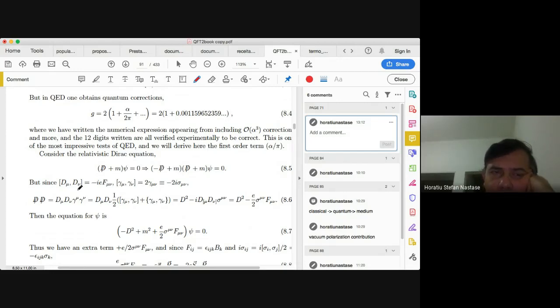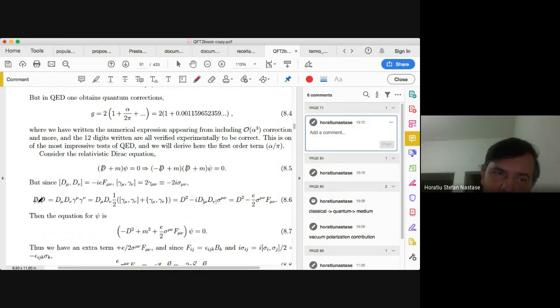And then, since, as you know, the commutator of two covariant derivatives D mu with D nu is minus i e times the field strength of the electromagnetic field, F mu nu, and the commutator of the gamma matrices, gamma mu, gamma nu, is by definition 2 times gamma mu nu, which historically, for reasons which I don't remember right now, is called minus 2i sigma mu nu.